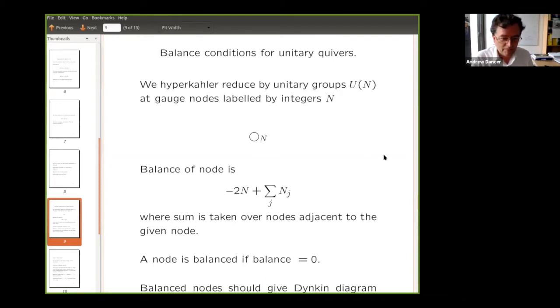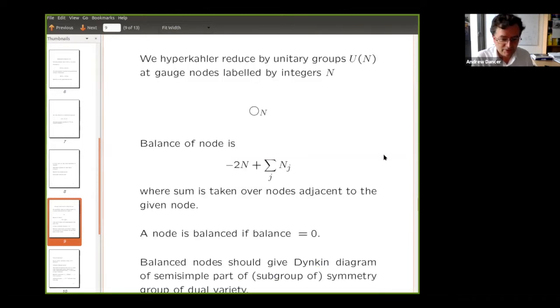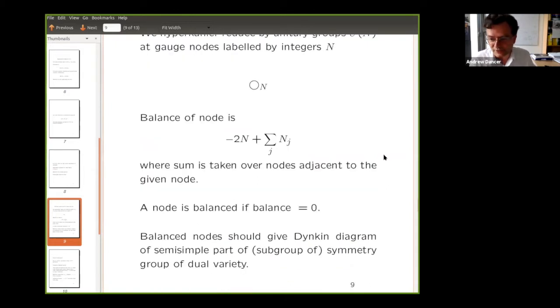The nodes where the balance is actually 0, the ones we call balanced nodes, are very significant for the predictions under symplectic duality, because the statement, coming out of the physics, is that the balanced nodes should give you the Dynkin diagram of the semi-simple part of the symmetry group of the Coulomb branch, or at least a subgroup of it.